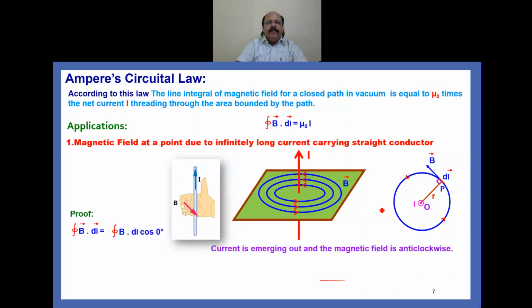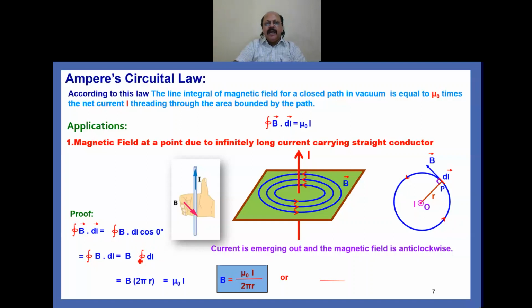According to Ampere's circuital law, closed integral B dot dl equal to mu naught I. The angle between B vector and dl vector is 0, so what you will get is closed integral B dl cos 0. Cos 0 is 1, so you take B outside and integral dl.